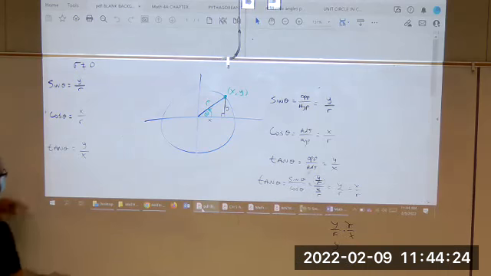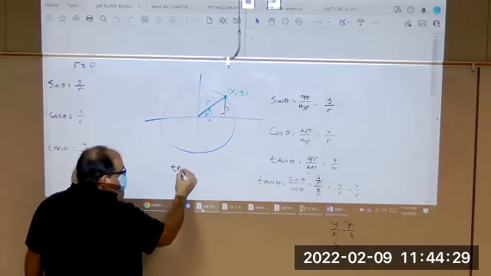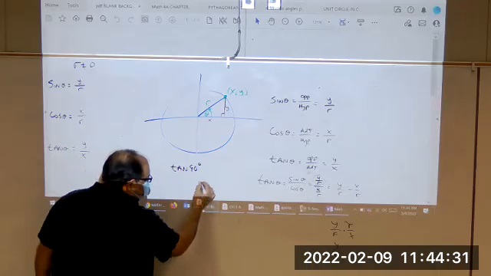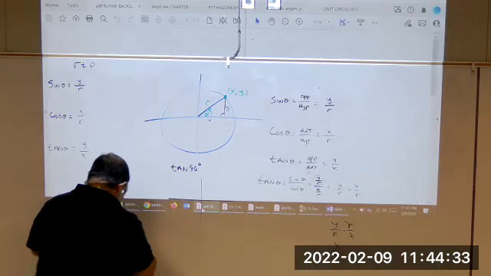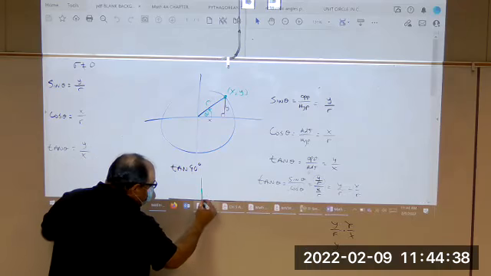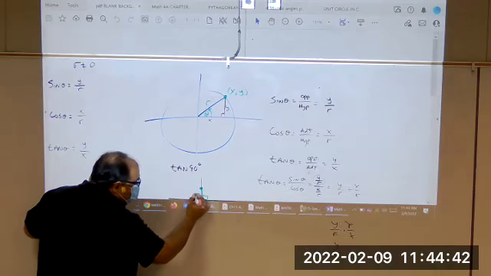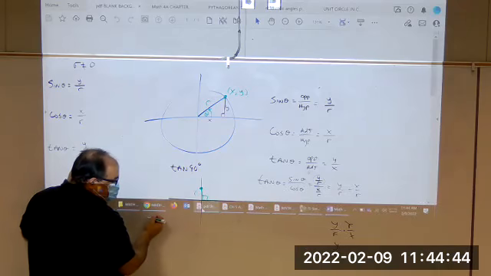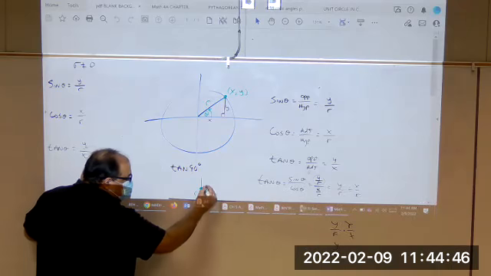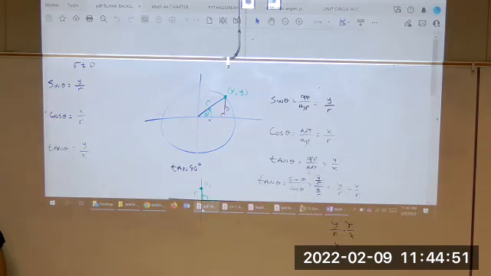So right here, when you want to do the tangent of 90 degrees, when you have an angle of 90 degrees, I don't care how long the radius is. You have x is 0 when you're on the y-axis. For 90 degrees, x is 0 because the angle terminates on the y-axis.